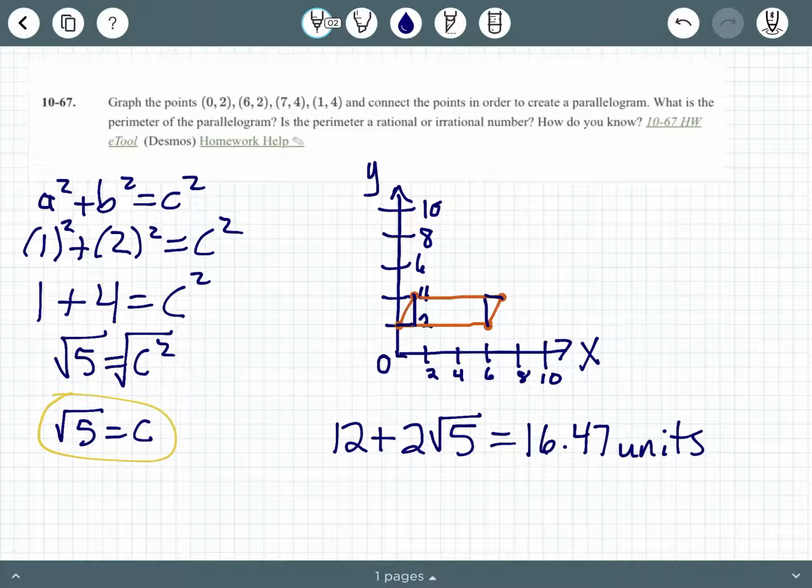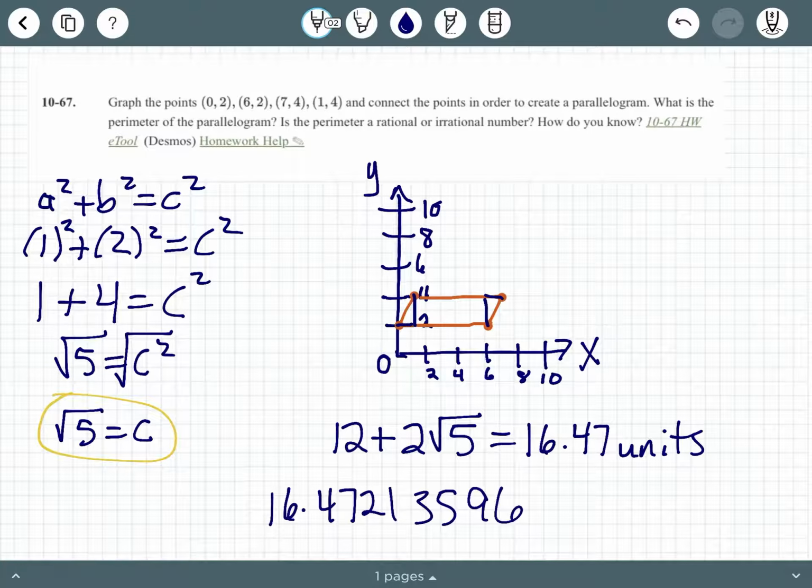But when you put it into the calculator, 12 plus 2 times the square root of 5, it's going to give you a number that looks like this. And that's where my calculator runs out of digits. So, you could tell that we rounded to the nearest hundredth here.